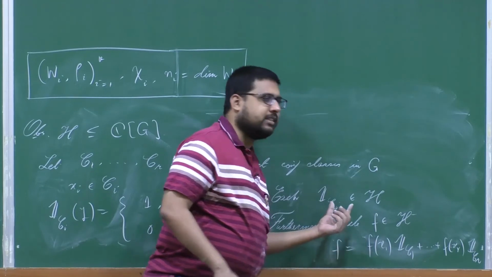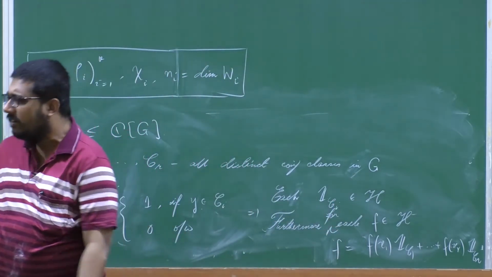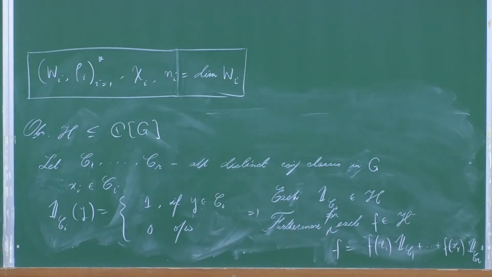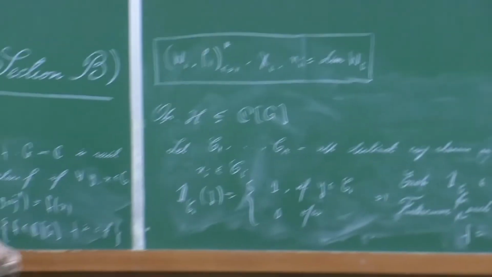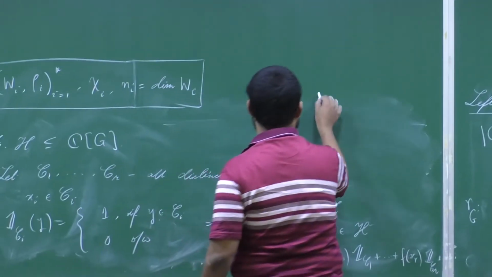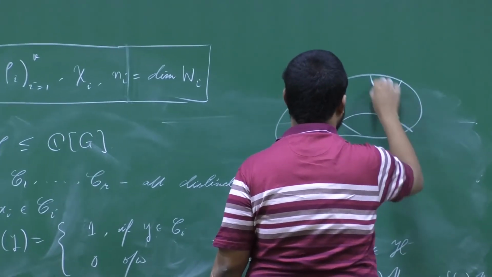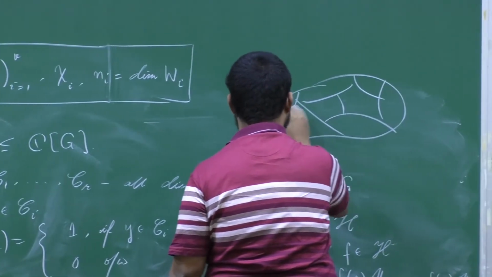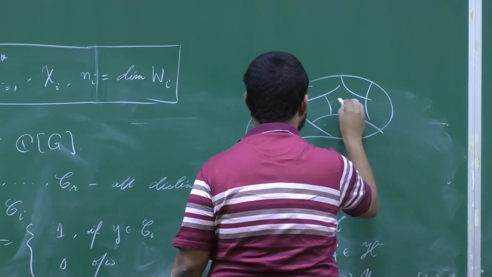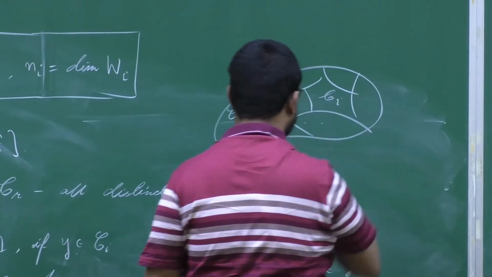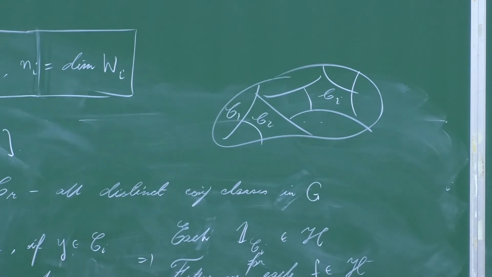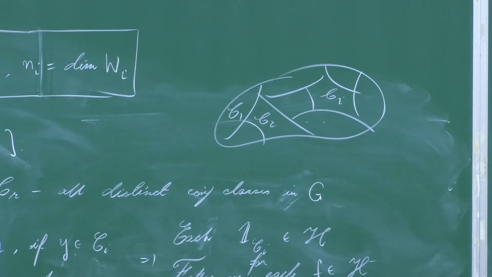Furthermore, it is also easy to see that this set is linearly independent, because their supports are disjoint. If these are my disjoint conjugacy classes C1, C2, up to Ci, whenever a combination vanishes, each coefficient has to vanish.